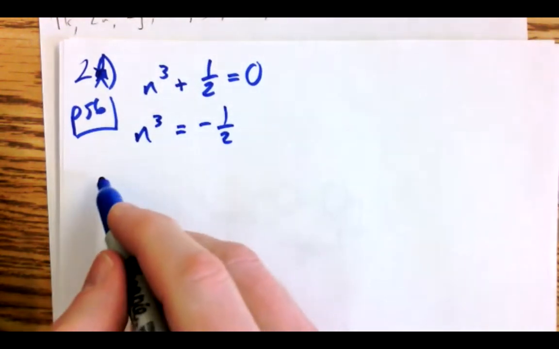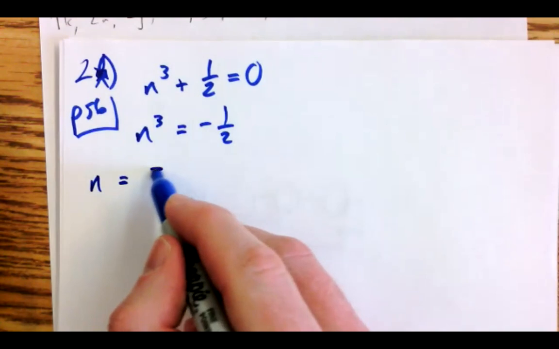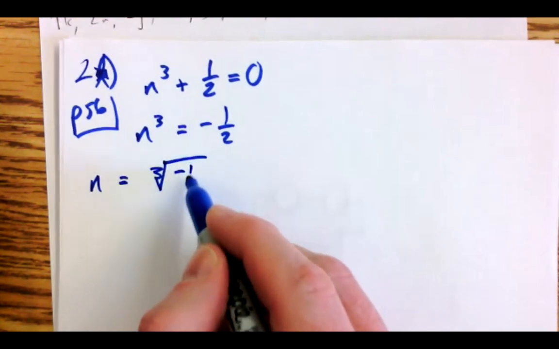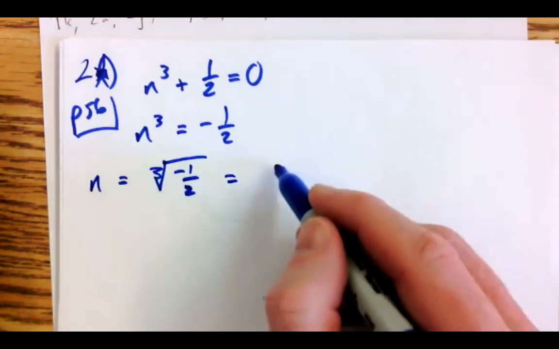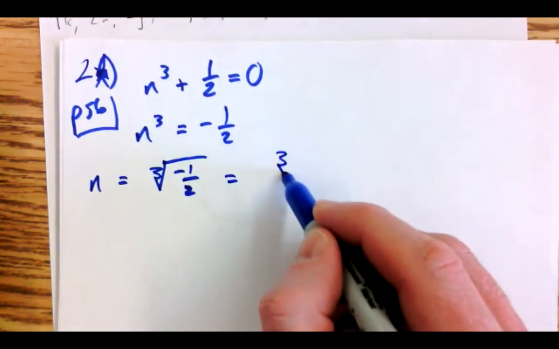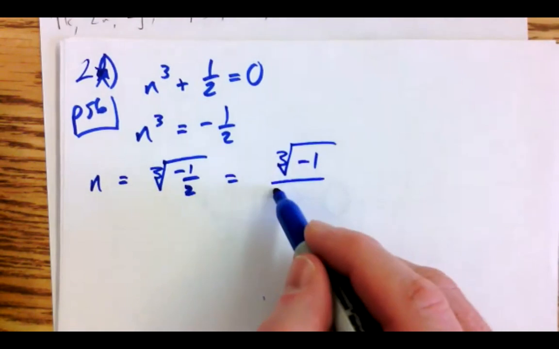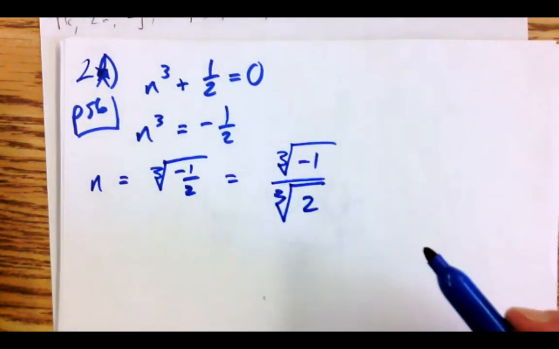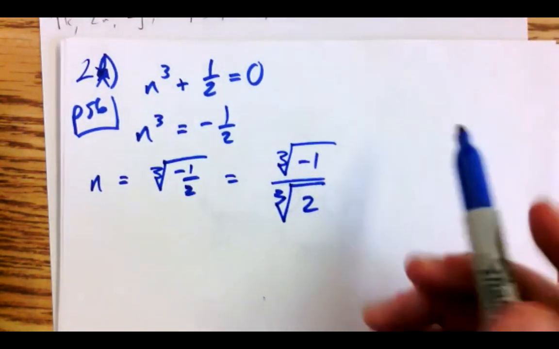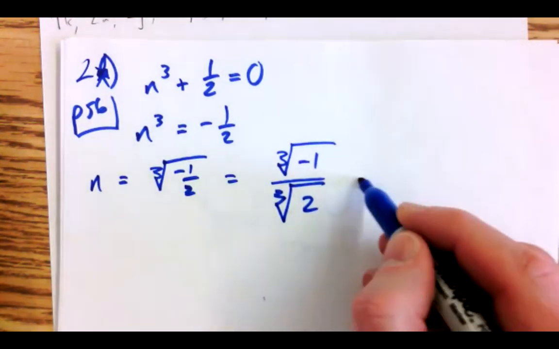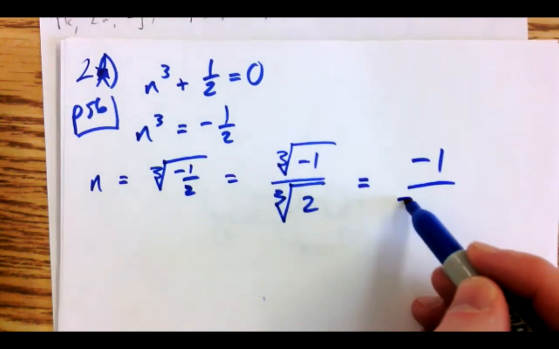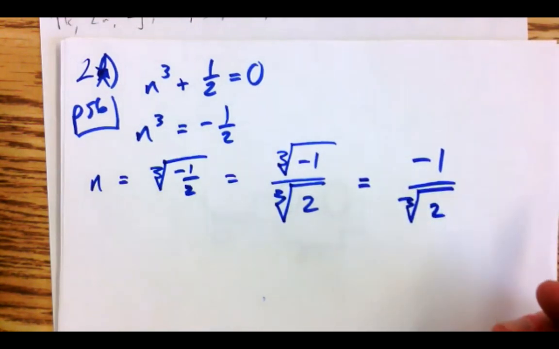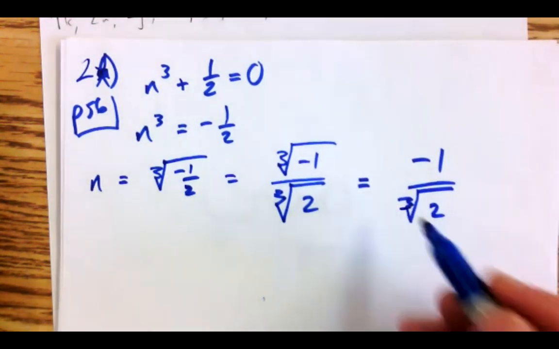So n equals the cube root of -1/2. We can think of this as the cube root of -1 over the cube root of 2. The cube root of -1 is -1, and then we've got the cube root of 2, so we have to estimate the cube root of 2.